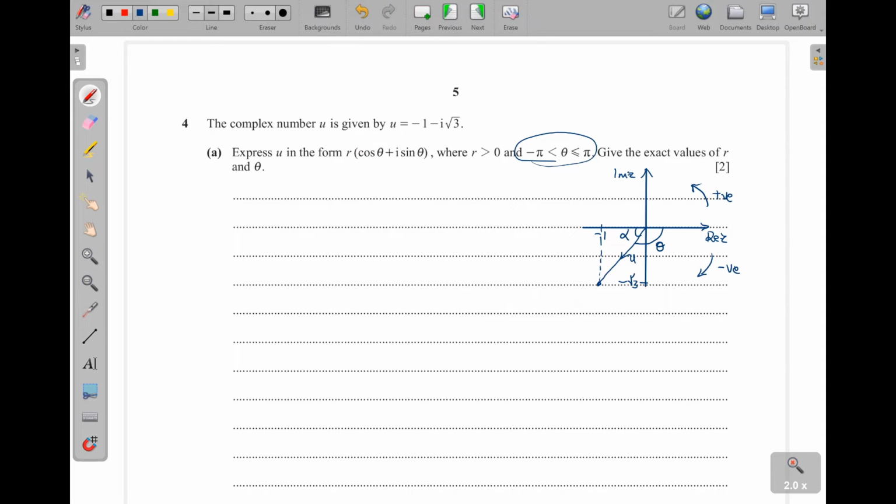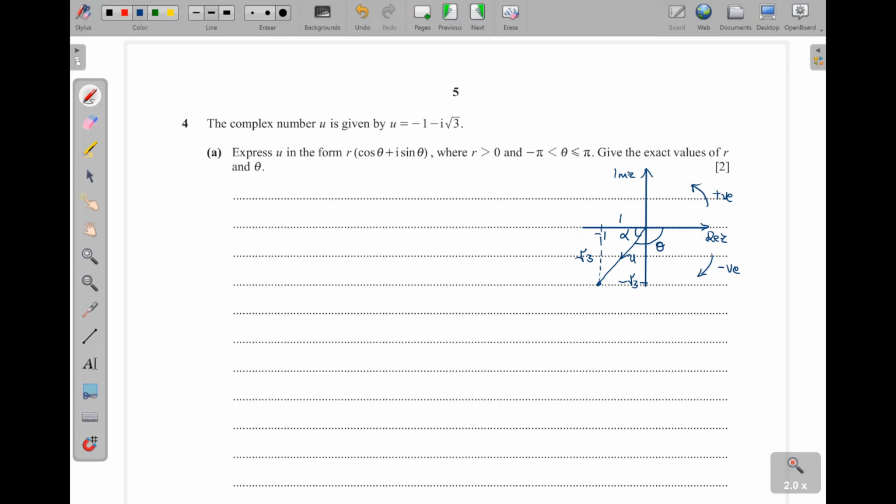I don't mind about this being negative and this one negative. I just want to get this acute angle, so I take these as positives, just as lengths. Here I have a length of 1, and then here √3.